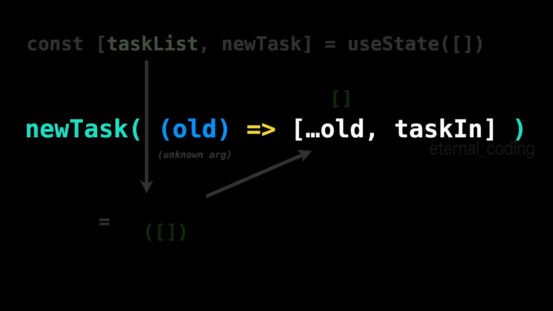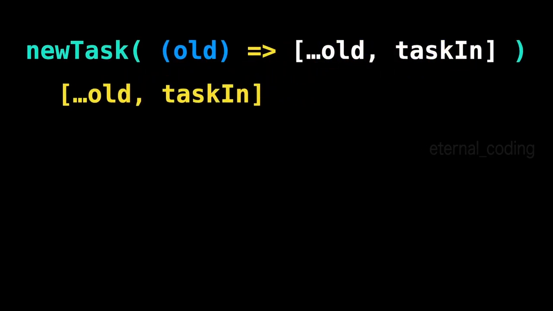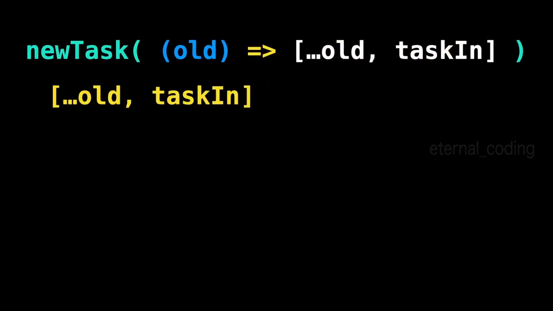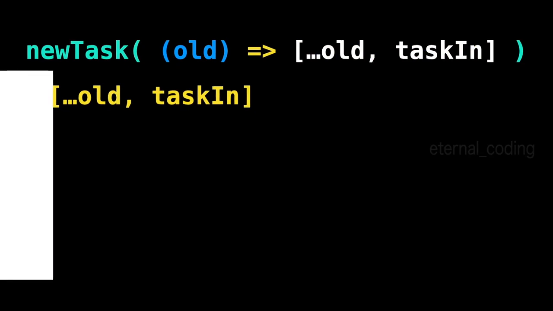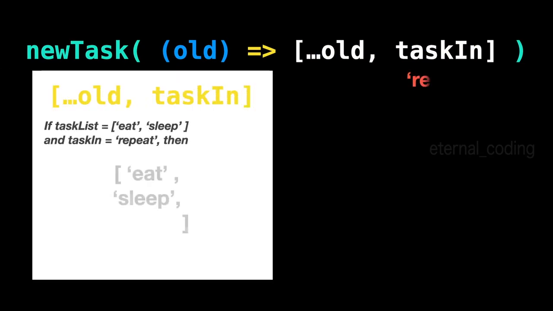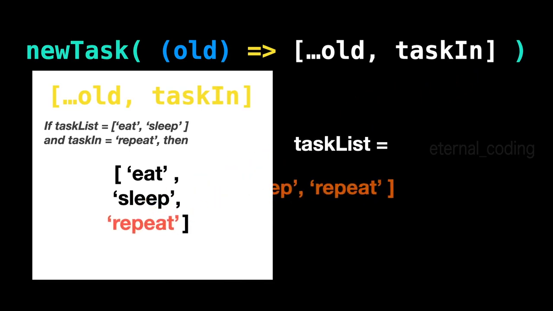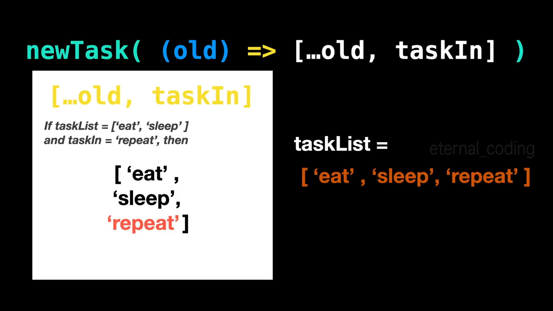Inside the function, I have encapsulated the spread task list along with the taskIn variable. By doing this, the function will append the destructured task list items to a new array with the taskIn variable at the end and return it to the setter function.